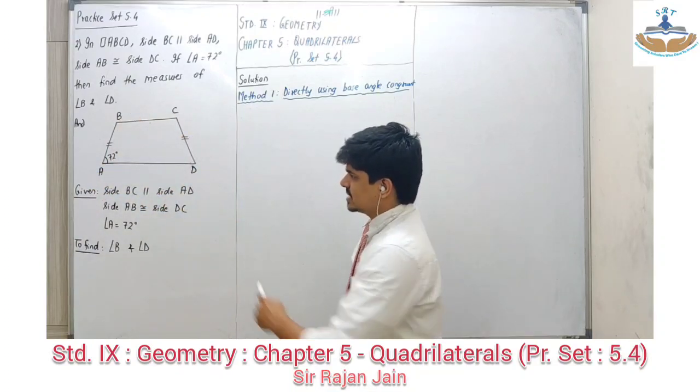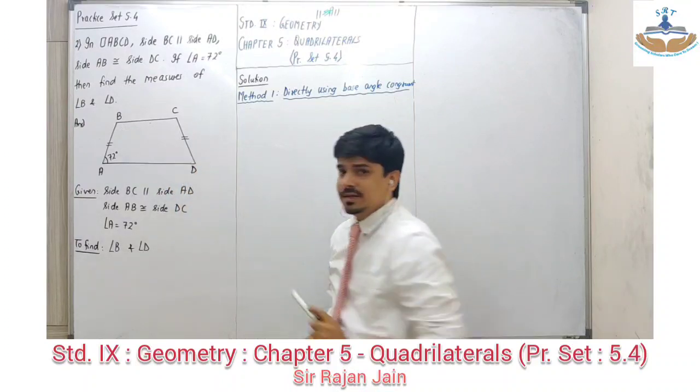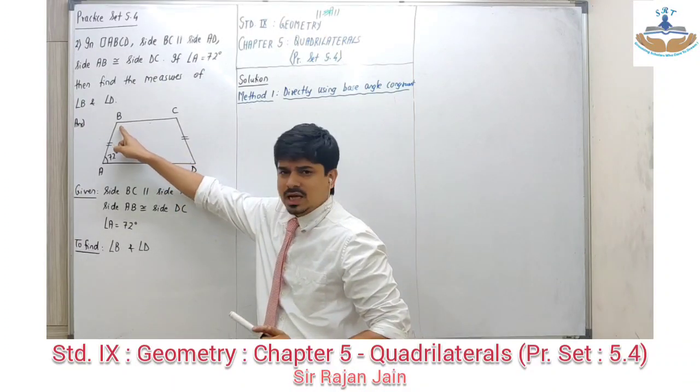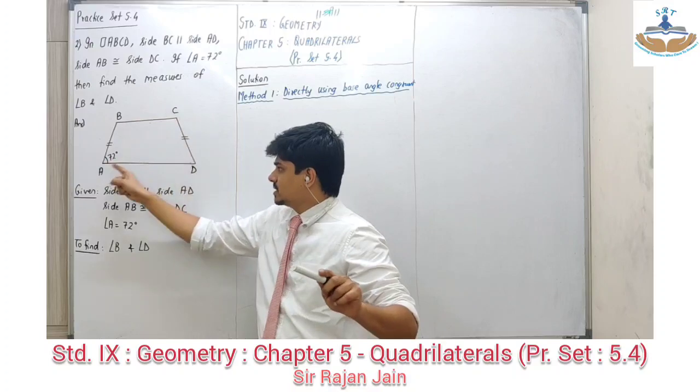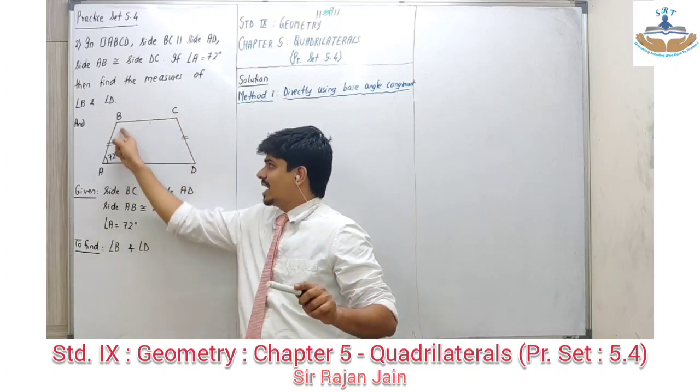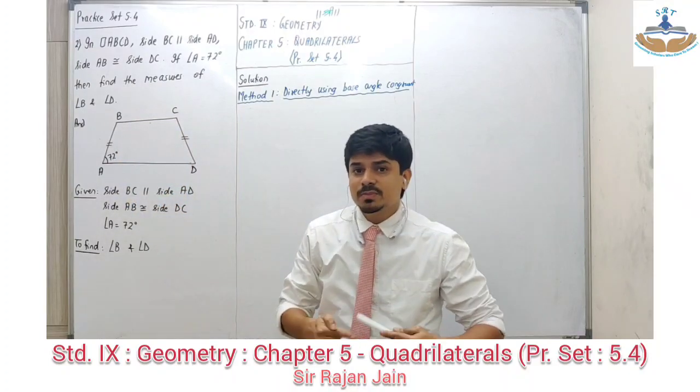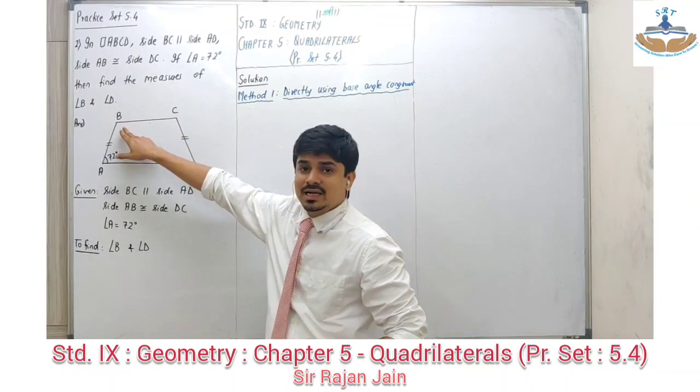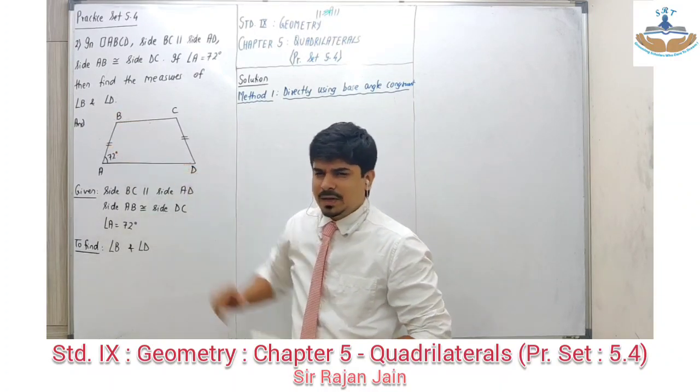Okay. Now they are asking for angle B and angle D. As far as angle B is concerned, not a problem at all because if these two sides are parallel, these two angles form interior angles. So like we did in the previous sum, you can directly get the measure of angle B. So let's do that part first.